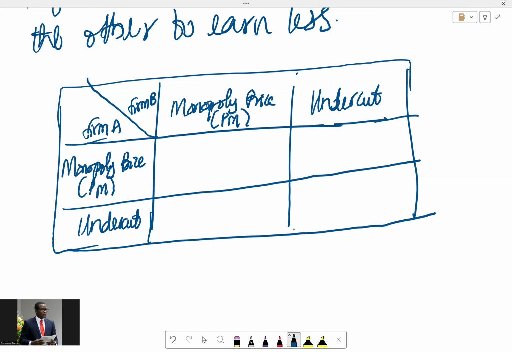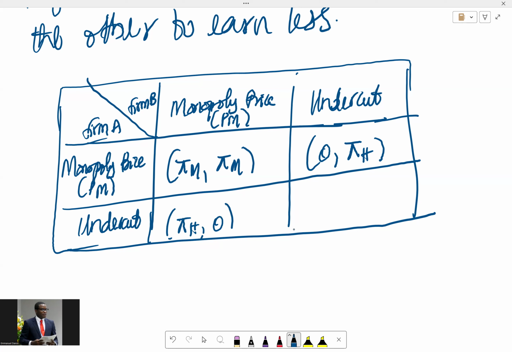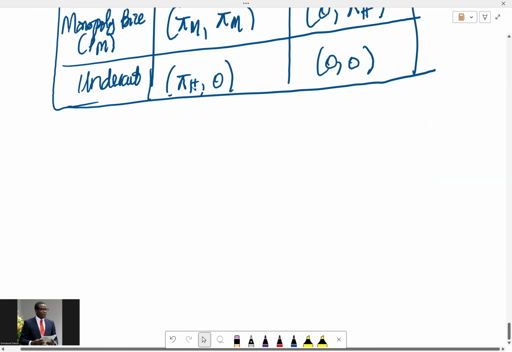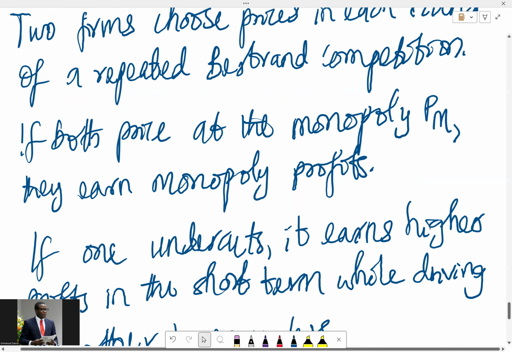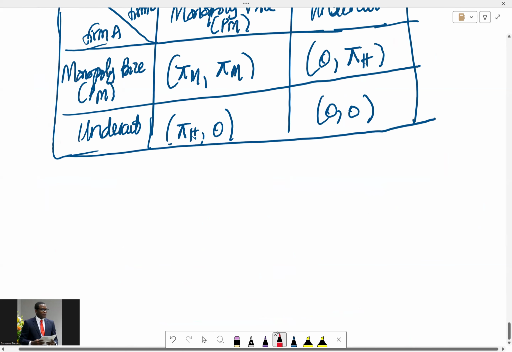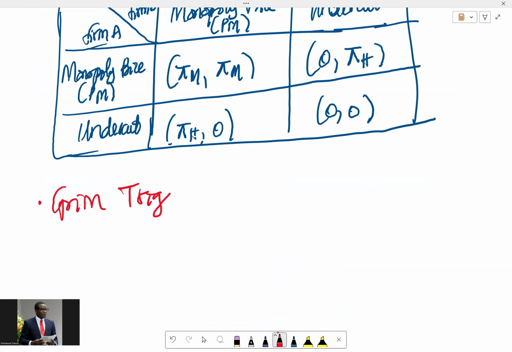And then we have the payoffs. This is pi M against pi M. We have 0, pi H. Then we have pi H, 0, and this is 0, 0. Okay. So in this case, we can approach this using the grim trigger strategy.